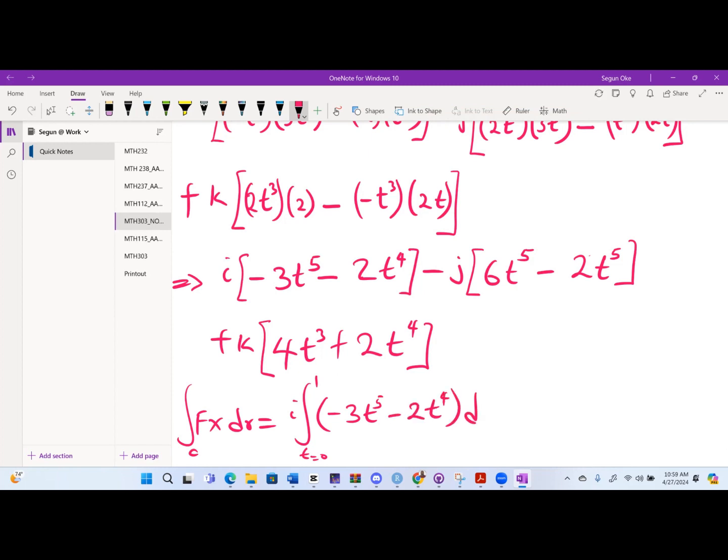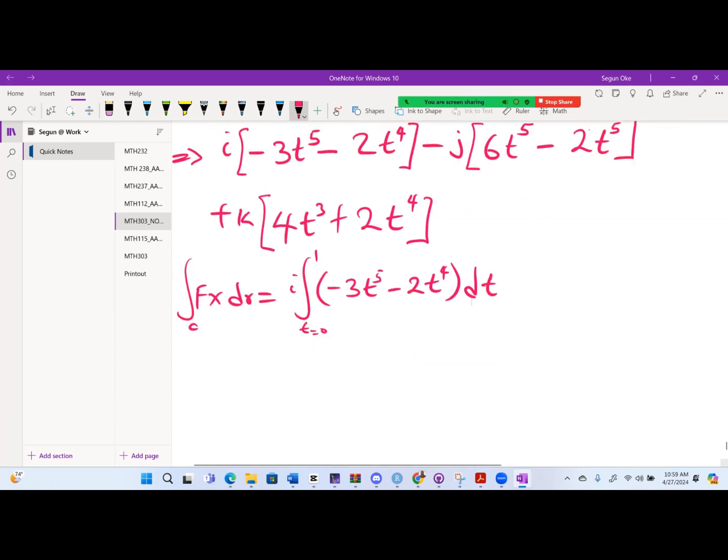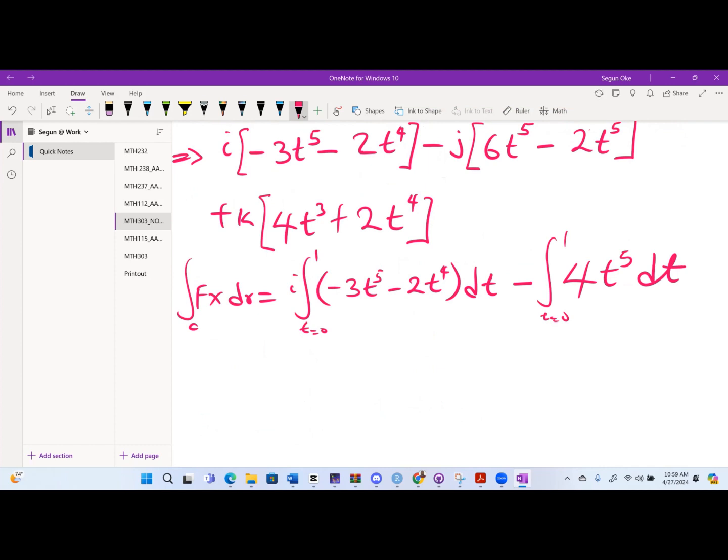You cannot deduct them, the t. Then the next one will be minus integral of t from 0 to 1. This minus this will give me 4t raised to power 5 dt. Then plus k.